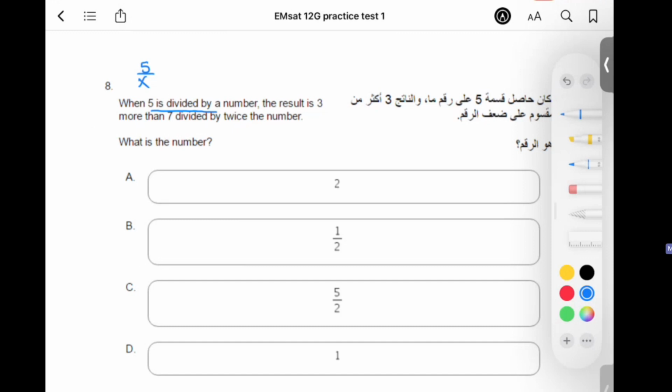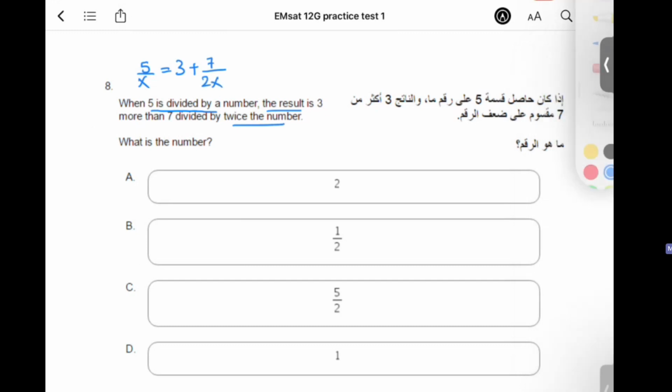The result, when he says the result, it means equal 3 more than 7 divided by twice the number 2x. And he is asking you to solve this equation. Now, you can go directly to your calculator and try parts A, B, C, D until you get the correct answer. The correct answer will be B. Thus, you can solve it by trying.